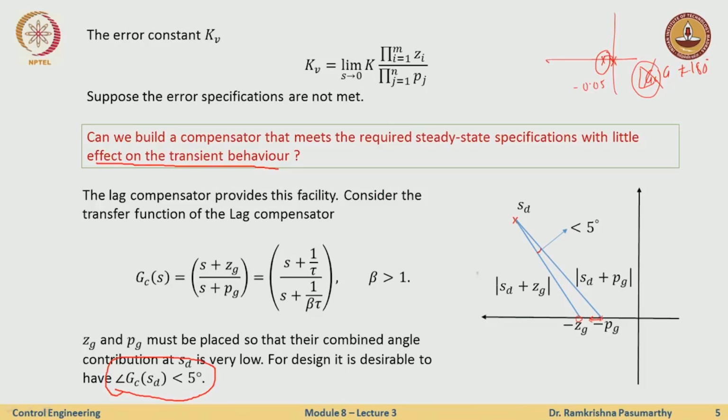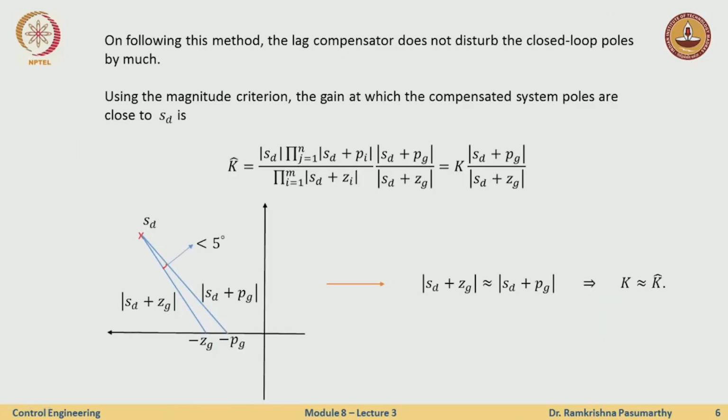Okay. So here in this case, this is the compensating pole, the 0 should be to the left of the pole, right, in contrast to what was happening earlier, where the 0 was to the right of the pole. Okay, first let us see what is the effect of the closed loop gain k while we add the lag compensator.